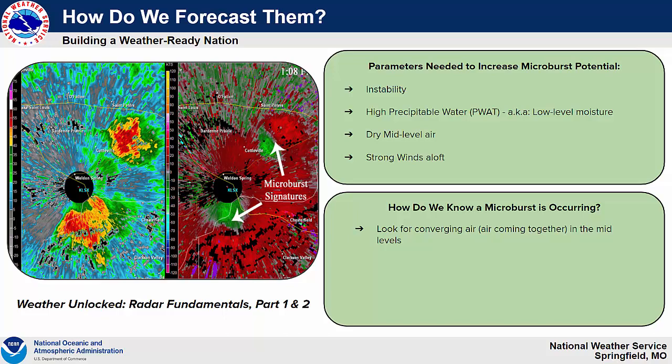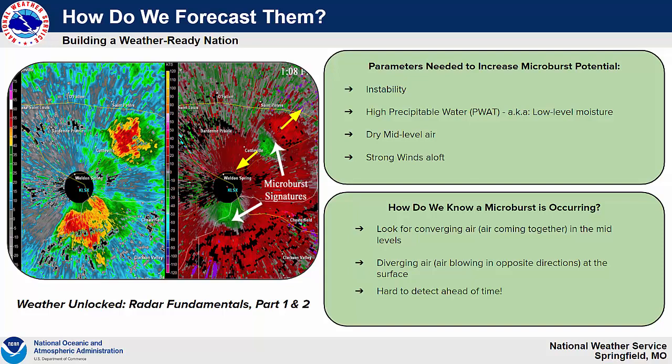Then at the surface, we can see diverging air or air pushing in opposite directions as it spreads in all directions. You can see the velocity at the surface shown on the right side of this image, with those bright green colors depicting winds blowing towards the radar, and those bright red colors showing winds blowing away from the radar. You can see how those winds are diverging or blowing away from each other.